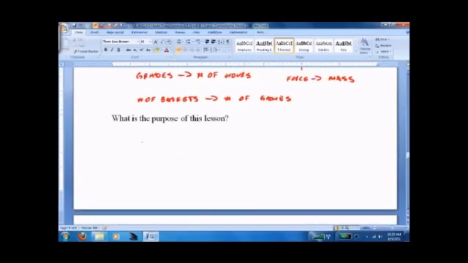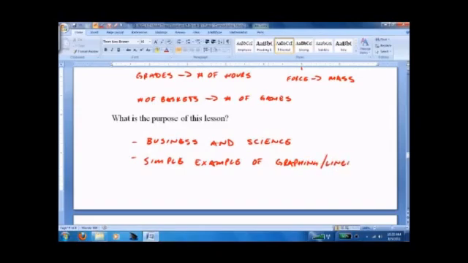Well, I already said. You'll use this in business and science. It's a simple example of graphing a linear function.